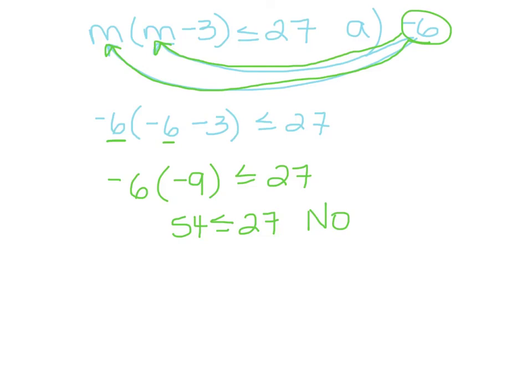So tomorrow in class, what we'll do is we'll do a couple of these where we have to solve them, where we have to write the inequality like we did the first time, and then where we have to plug these in, and then one more type of problem is write an inequality. So given n is less than 5, you have to make the inequality.